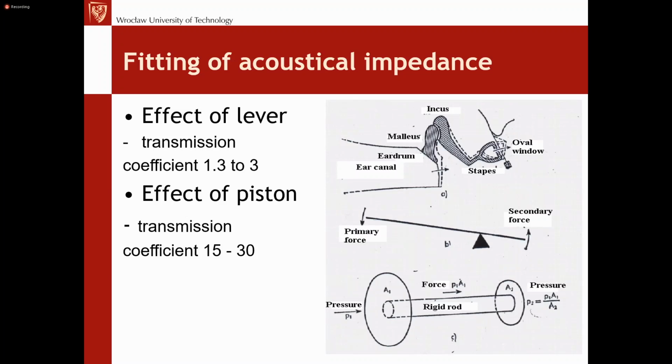I mean, the area of the base of the stapes is equal to the oval window, and so it works in this manner, and this action is explained in this picture.